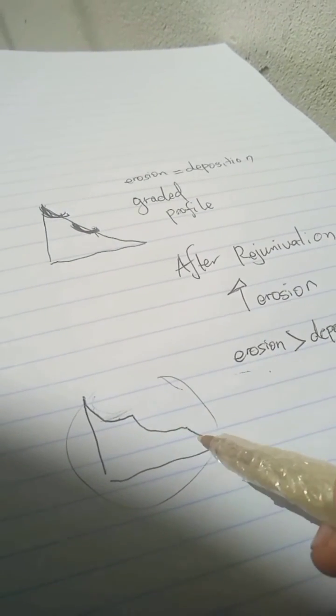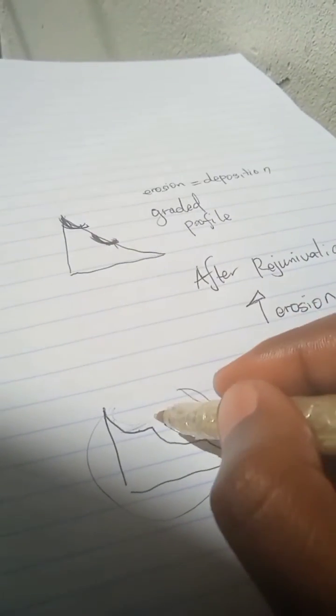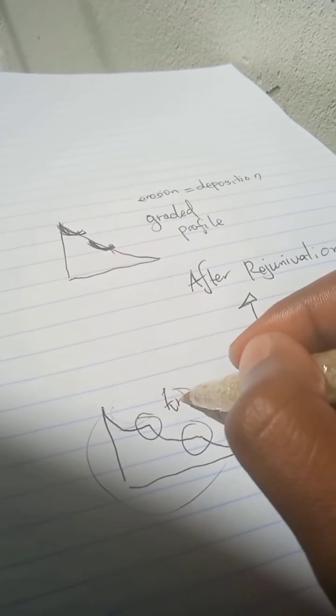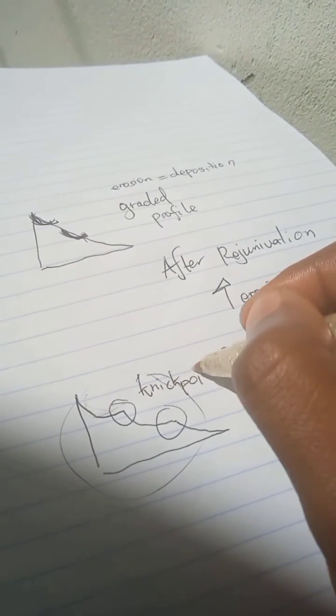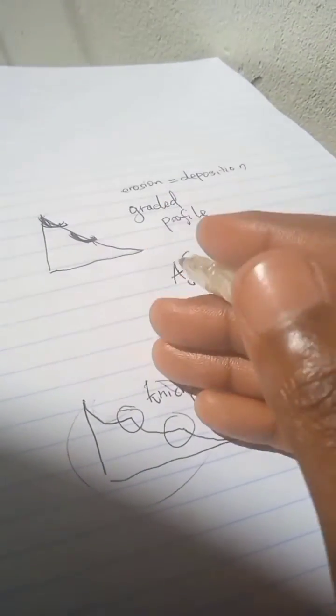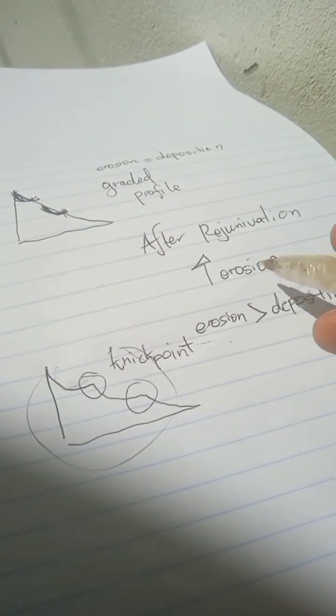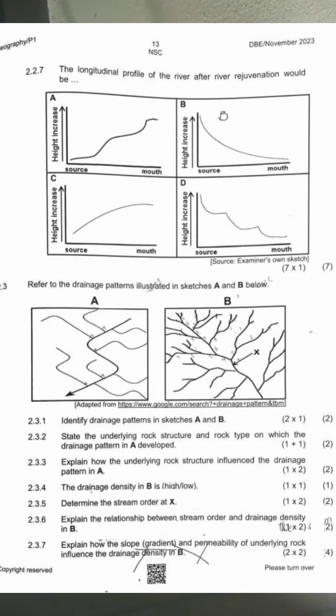As you can see, there's an imbalance, and therefore you form nick points, guys. This is what it should look like after rejuvenation. It should have this profile. Now our options here are A, B, C, and D. C and B we eliminate because they have smooth profiles. So let's look at A and D then. A and D are our possible answers here.